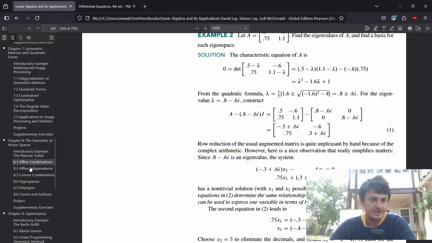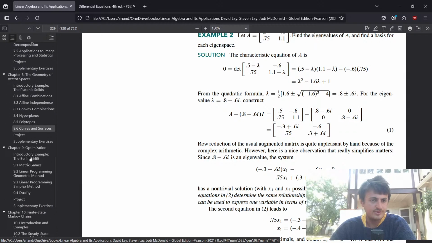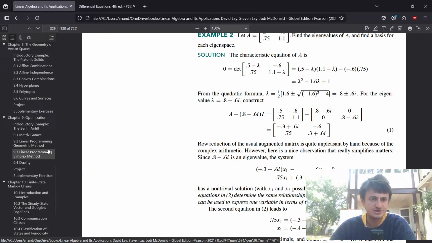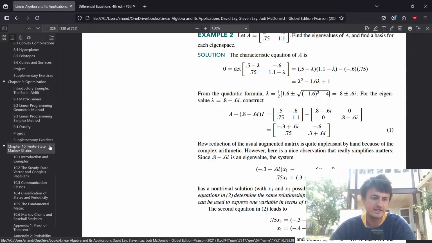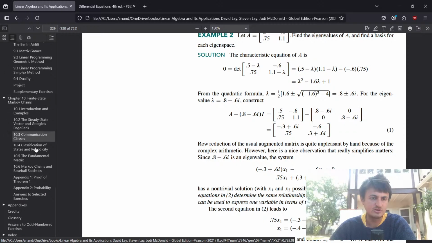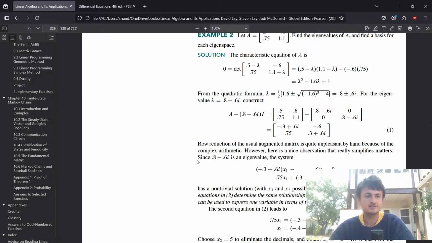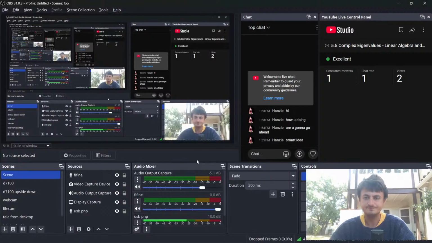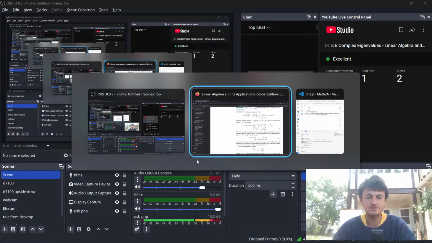The chapters that I want to get into, I don't know about chapter 8. Chapter 8 might be interesting. But I definitely think chapter 9 would be fun because I've heard all this terminology on linear programming, but I don't really know what that even means. Similarly, Markov chains seem really interesting, so that'll be a fun chapter. I'm gonna go ahead once the class ends, though.